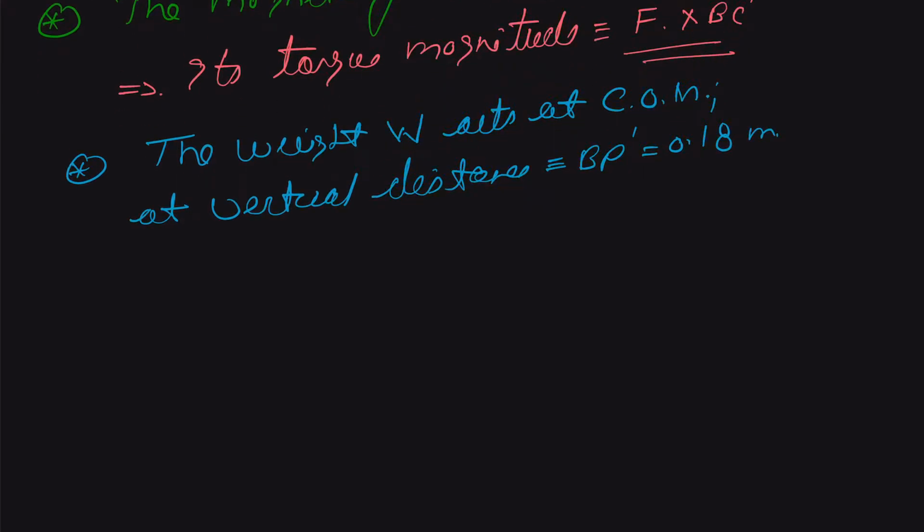But for small angle theta, we can write that our BP prime is equal to our BP, which is our 0.18 meters.